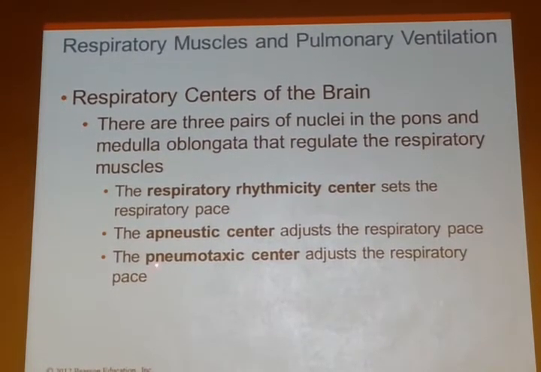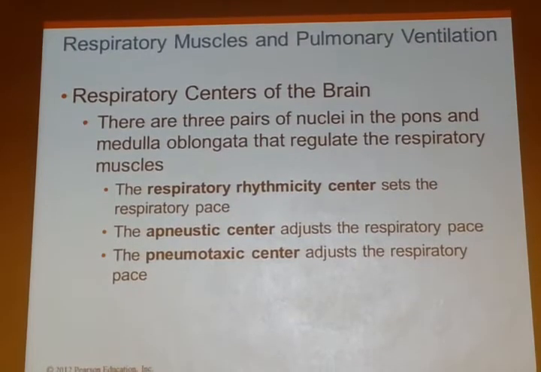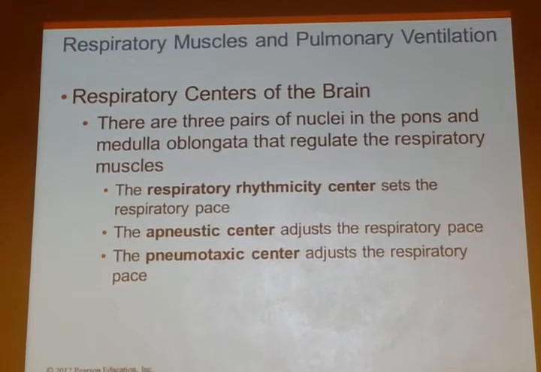And we've also got what's called a pneumotaxic center, which is adjusting this pace of breathing. So the number of breaths per minute may change. Maybe you're still getting 500 mLs in and out, but you're going from a normal 15 breaths per minute up to a higher or down to a lower number of breaths per minute. And that will be the job of the pneumotaxic center.